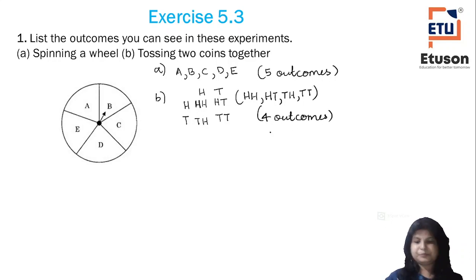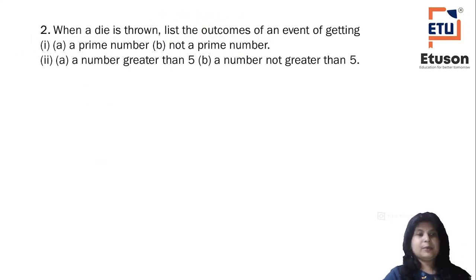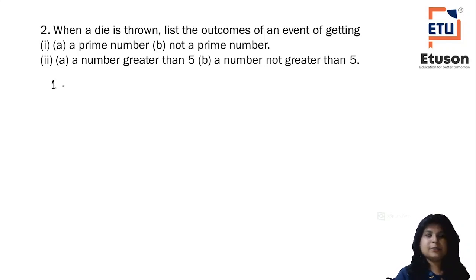Okay, children? So now let us go to the next question. Question number 2. When a die is thrown, list the outcomes of an event of getting a prime number. So, if you remember, if you throw a dice, what are the possible outcomes? These are the possible outcomes, because in a dice, these are the available numbers.